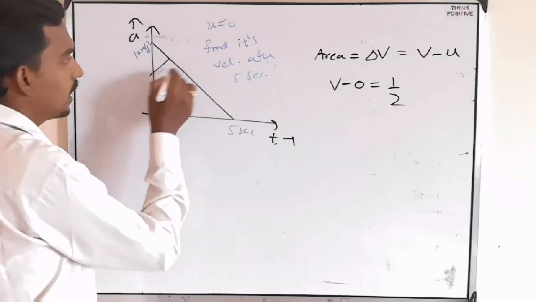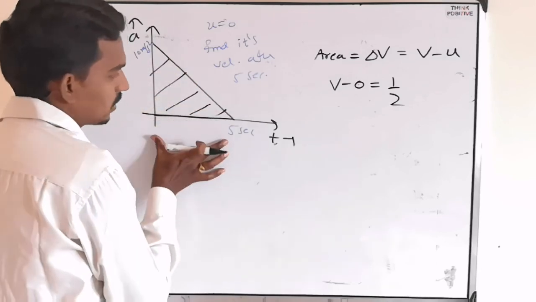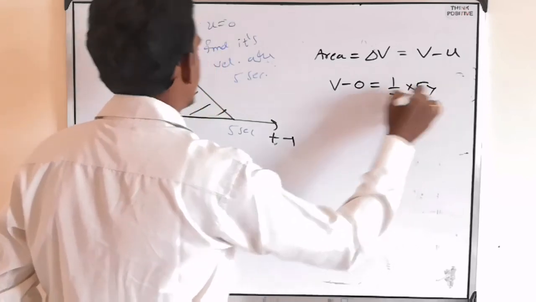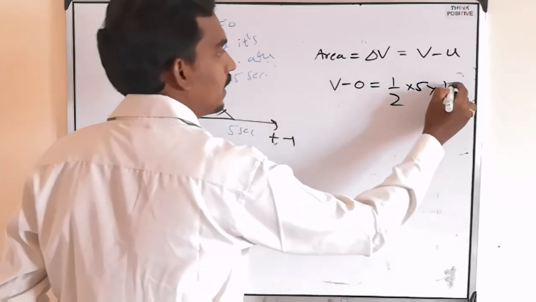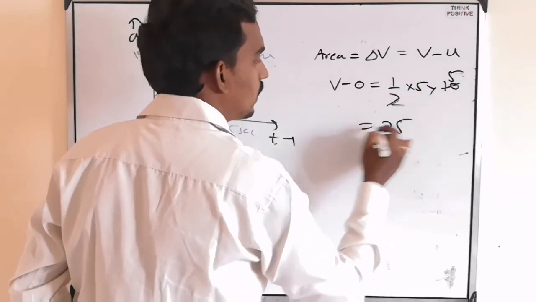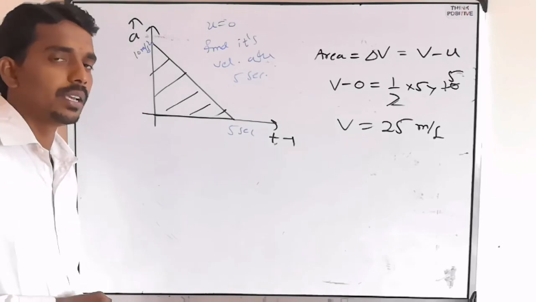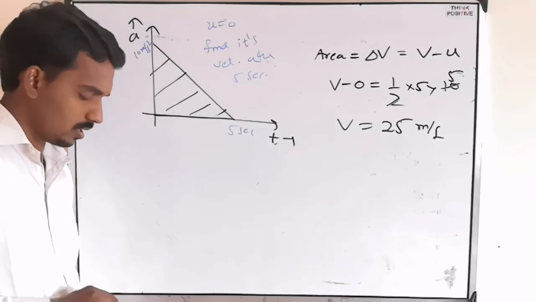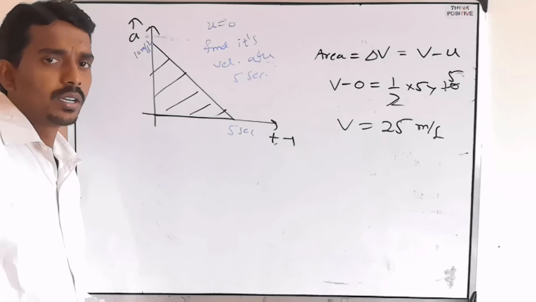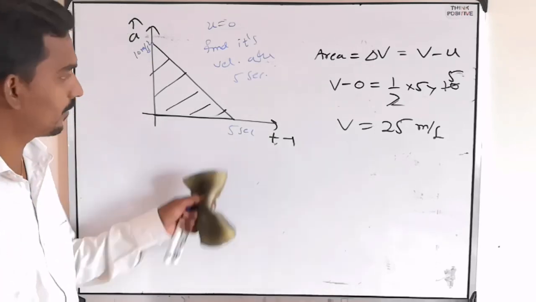What kind of area does it look like? Triangle. Half into base 5, height 10, equal to 2 5s are 10, 5 5s are 25. So what is the velocity after 5 seconds? 25 meter per second. This way you can use the application of area below the graph.